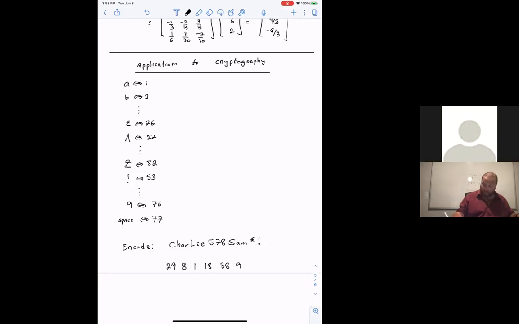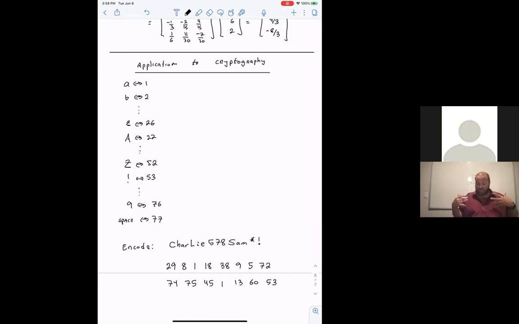I'm just copying from the book, which was very nice to write it all out. 74, 75, 45, 1 again, 13, 60, and 53. Let's make sure we have the right number. 1, 2, 3, 4, 5, 6, 7, 8, 9, 10, 11, 12, 15. I have 15 numbers here. So we've encoded those 15 numbers.